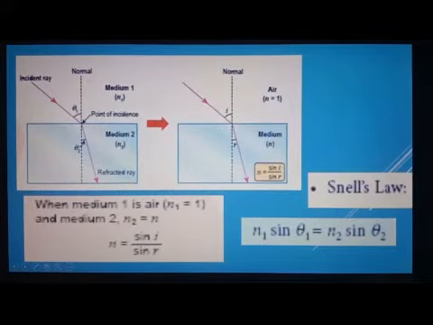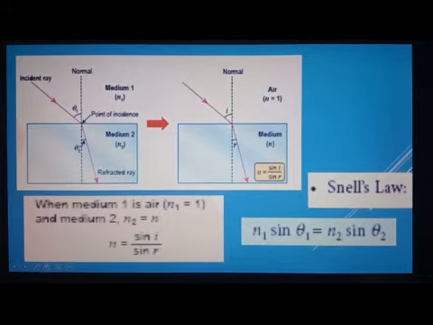Okay, now how can that formula produce Snell's law? If you look at this diagram again, let's say medium 1 is air. So when the medium is air, n equals 1. If we use the same formula again, when n1 equals 1, we substitute 1.